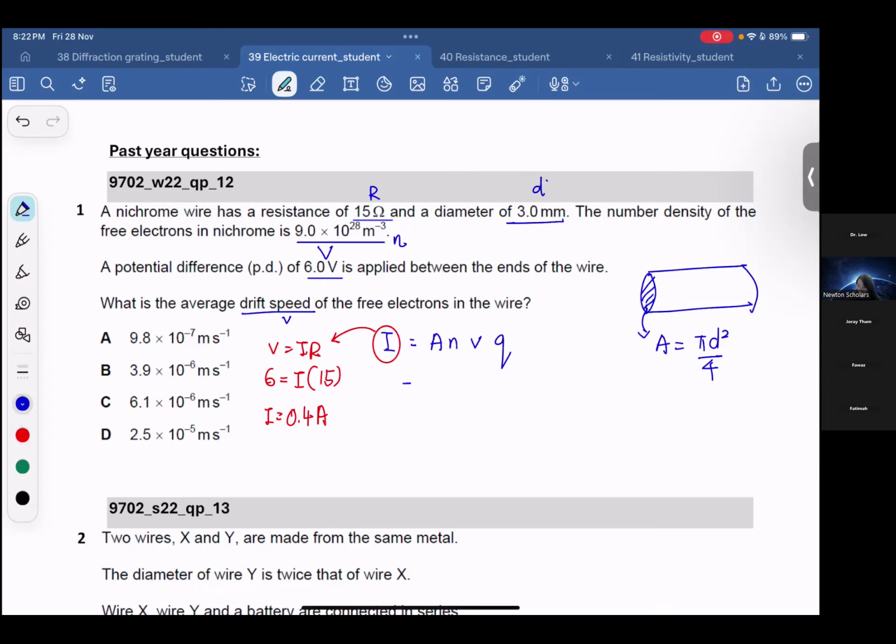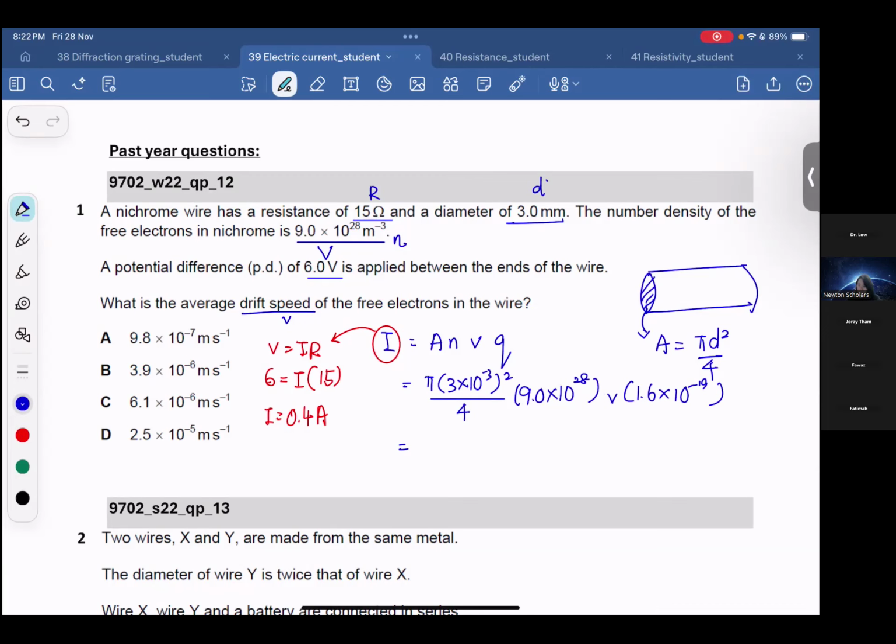How about others? Wesley correct. Kai Chen correct.